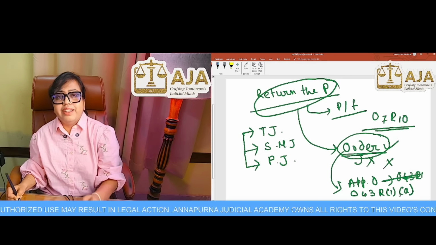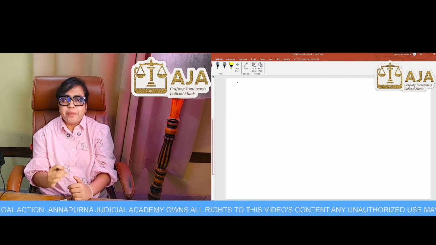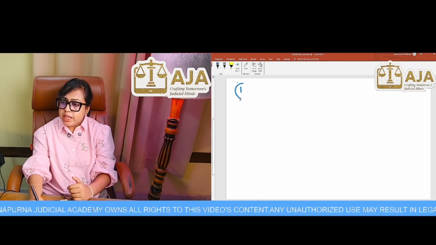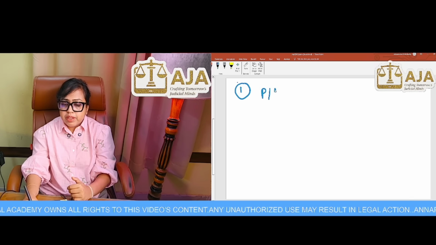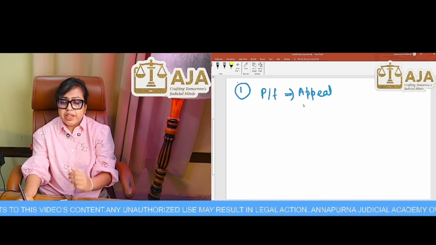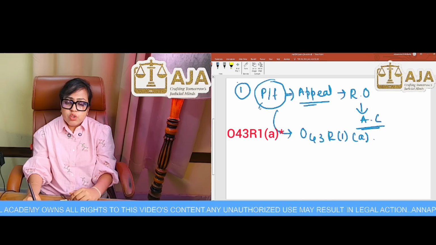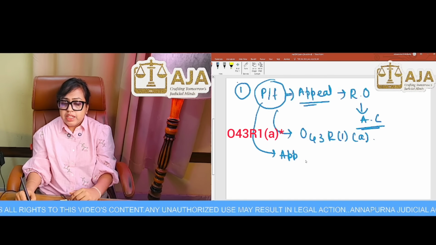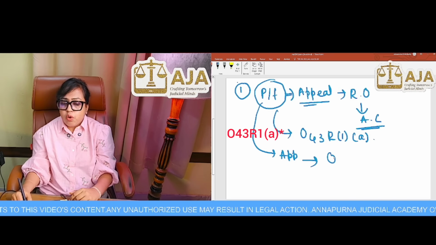Now, the plaintiff has three options. First option, the plaintiff can file an appeal against this order to the appellate court, under Order 43, Rule 1, Sub-Rule A. Now, if the plaintiff goes for appeal, thereafter Order 7, Rule 10, B will apply.